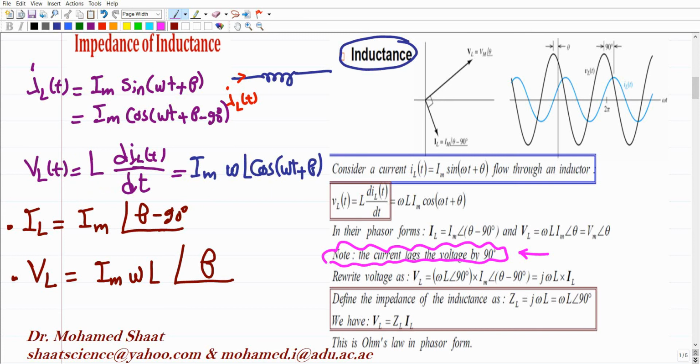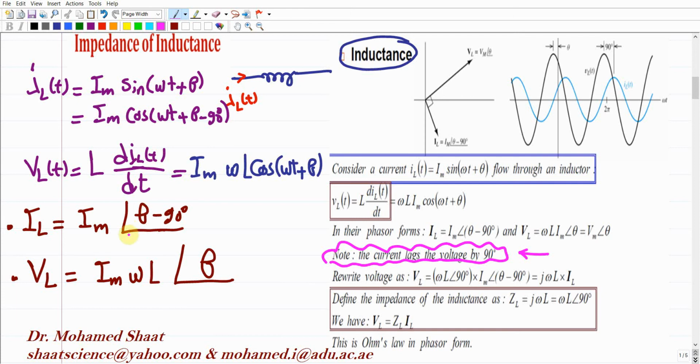That is why the voltage and the current have different phase angles. Why does the current lag the voltage, and why does the voltage lead the current by 90 degrees? The main reason is that the voltage is proportionally related to the first derivative of the current through the inductor.